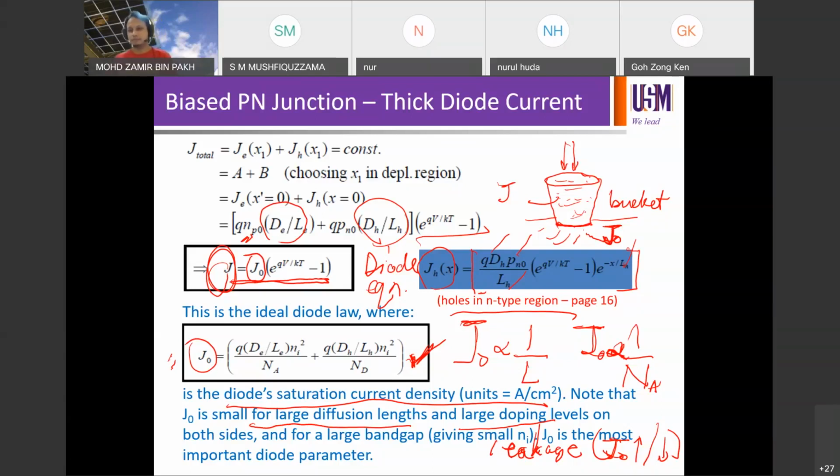Anyone? Faris, any idea? What happens at a high doping level?